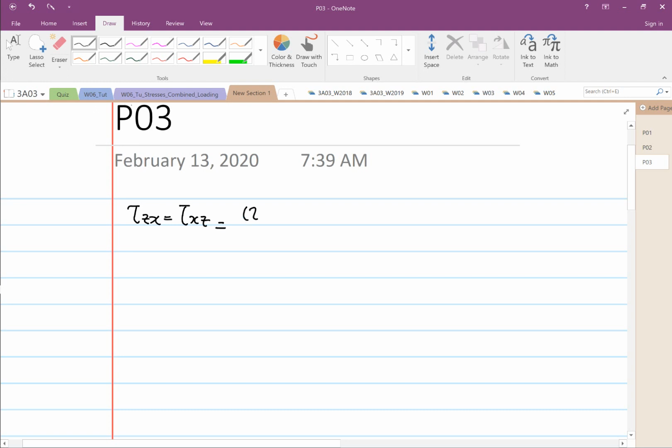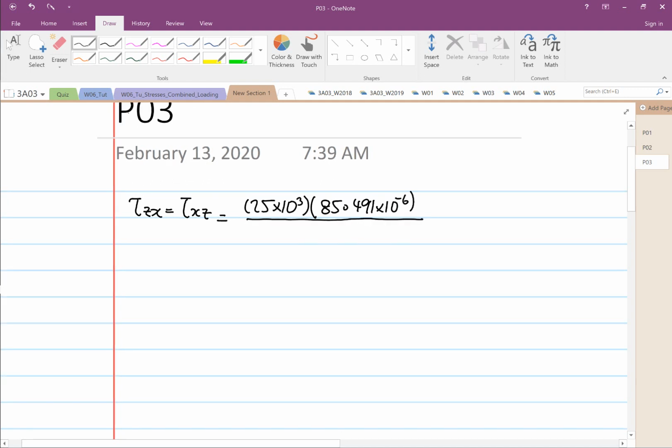This will be 2,500 Newton times the first moment of area, 85.491 times 10 to the power minus 6, divided by 40.8 times 10 to the power minus 6, and then the thickness is equal to 11.8 times 10 to the power minus 3.